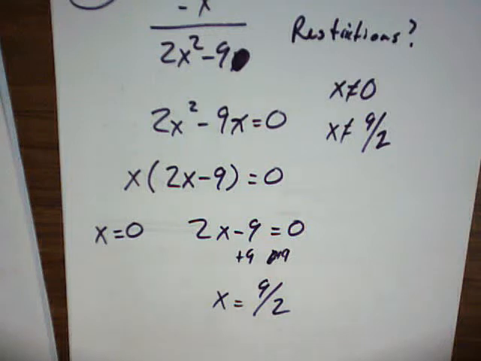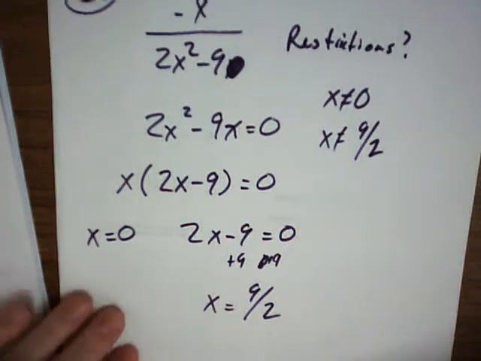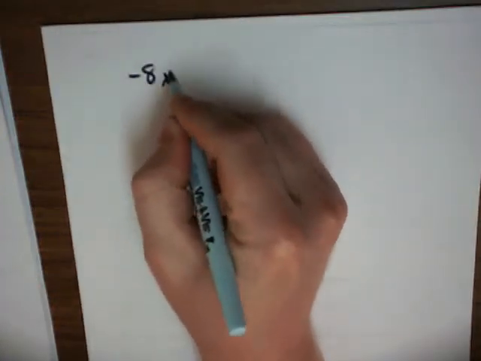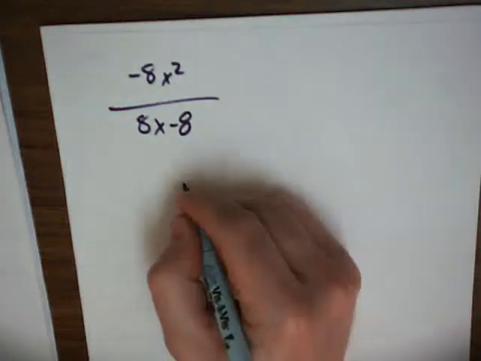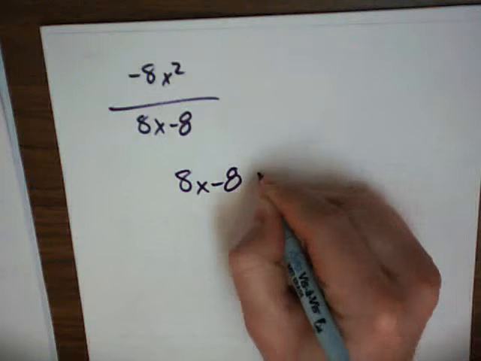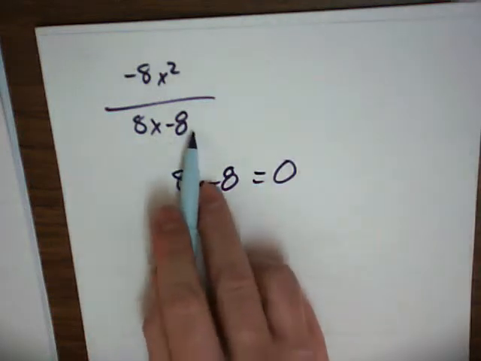Okay? So like 25. 25 doesn't have an x on that 8 there, does it? There's a negative 8x squared over 8x minus 8. So there's no x on 8. This is negative 8, so you don't worry about x cannot be 0.